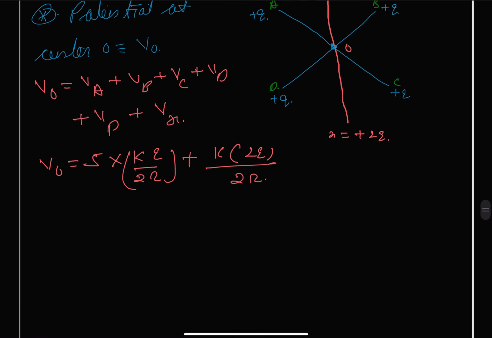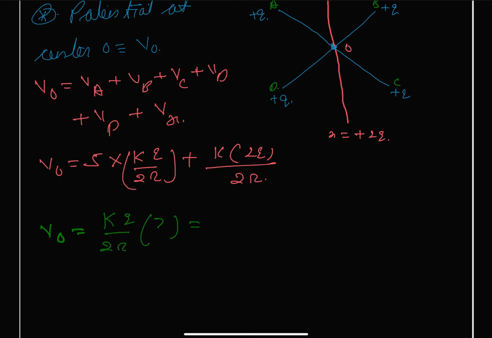And we can write here V naught. KQ upon 2R is common, so this will be 5 plus 2, which is 7.